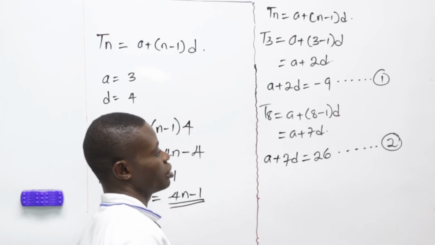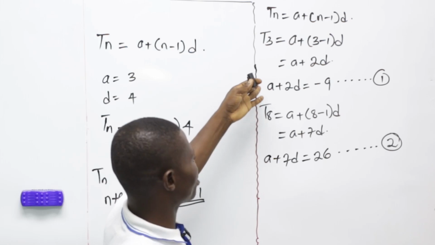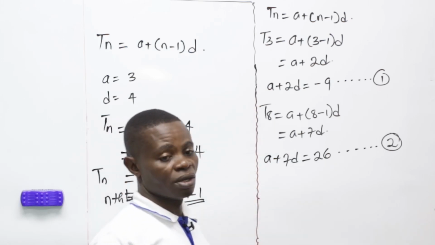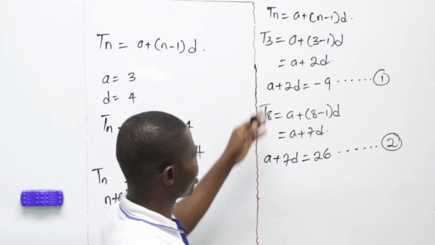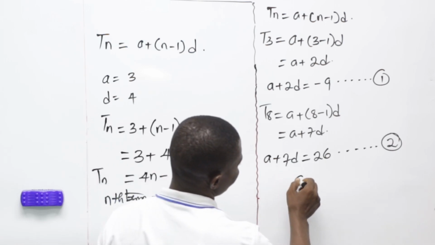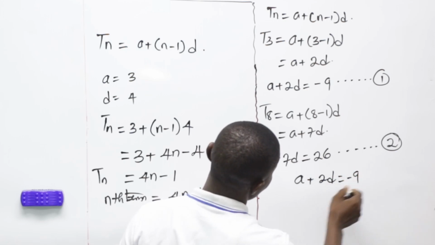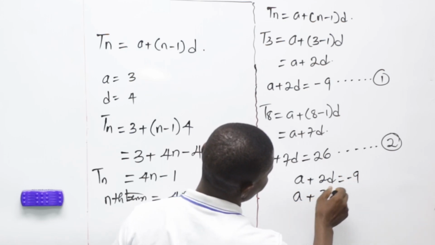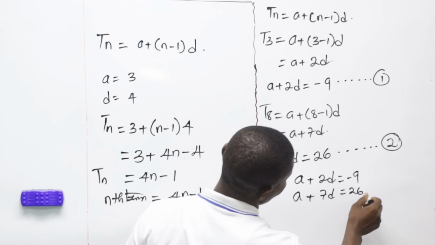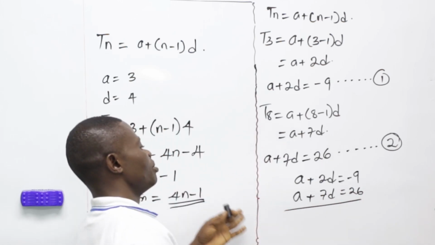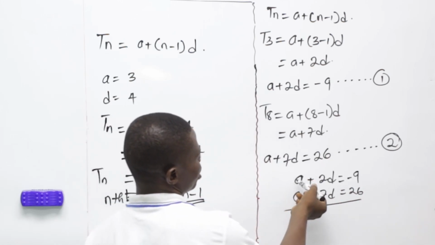Now we have this. What I'm trying to recognize here is just simultaneous equation. We have to bring them together by saying equation 1 coming down here: A plus 2D equals minus 9, A plus 7D equals 26. By elimination method, A is equal to A.